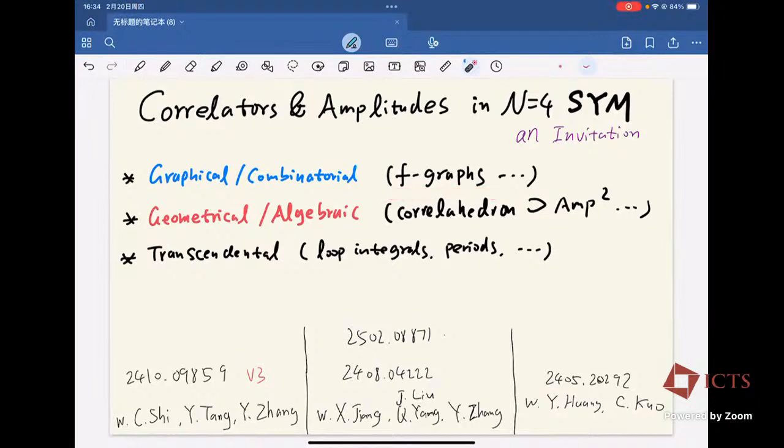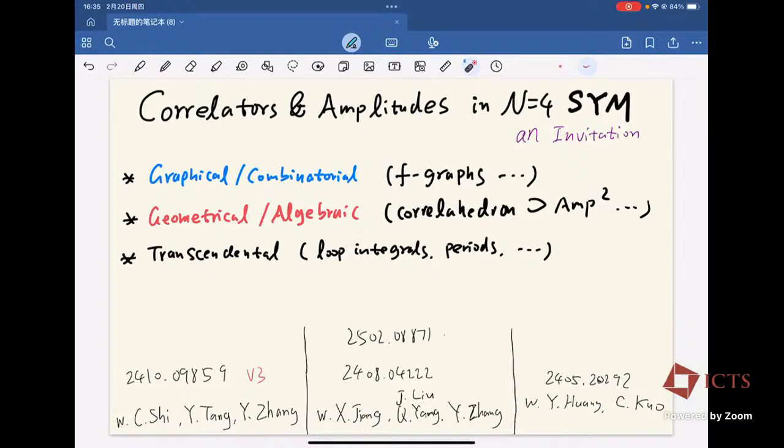Then I'll talk about how the same integrand can also be obtained from a geometric point of view, namely the correlator that Paul has talked about, and within it the square of the Amplituhedron, where you start from some geometry and compute a canonical form that gives you a rational algebraic expression for the integrand.